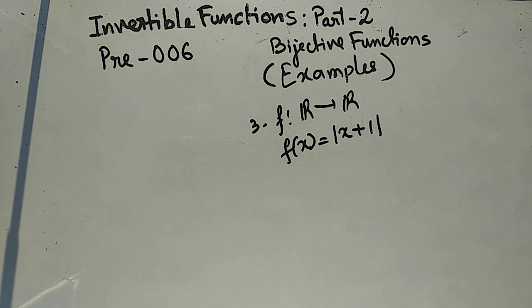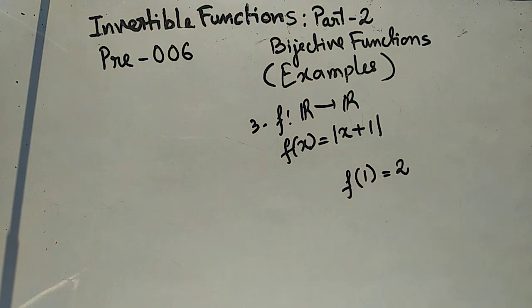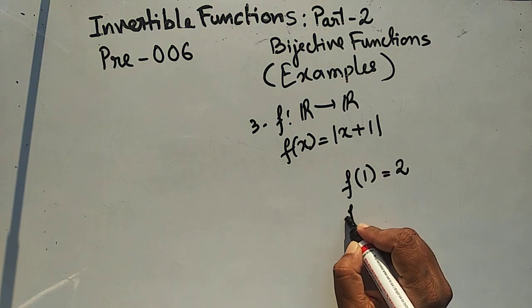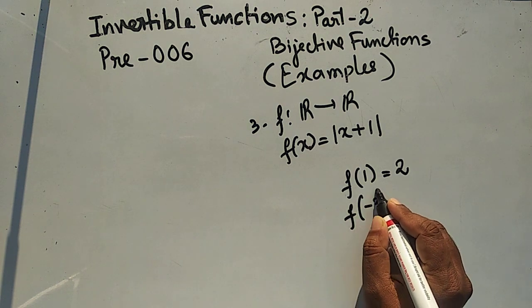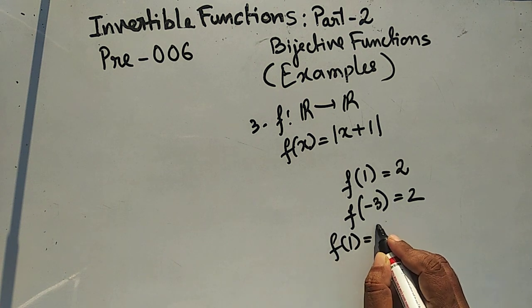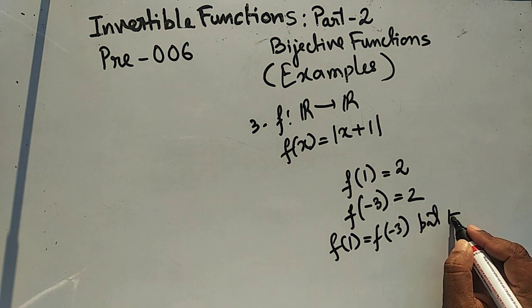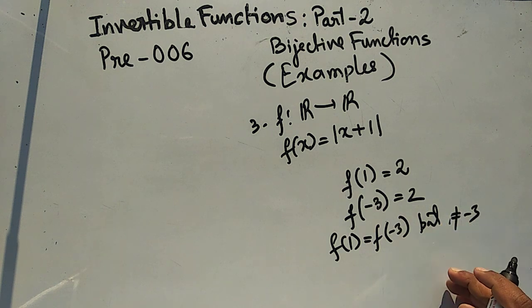The clear answer is no, because if I take the image of f of 1, then the answer is 2. Clear? If I take the image of minus 3, the answer is 2. Therefore, f of 1 is equal to f of minus 3, but 1 is not equal to minus 3. So this function is not 1-1.